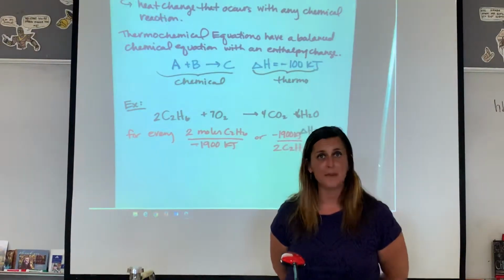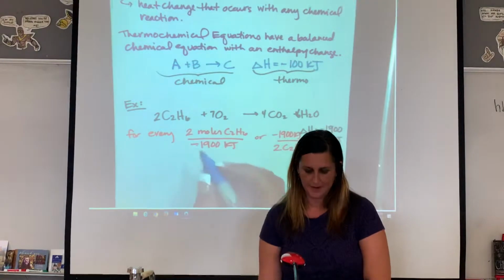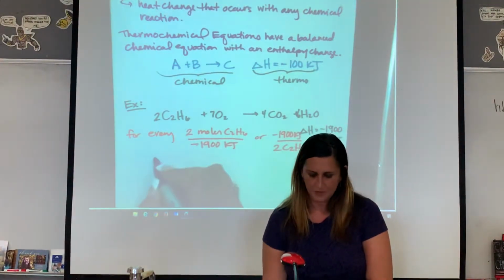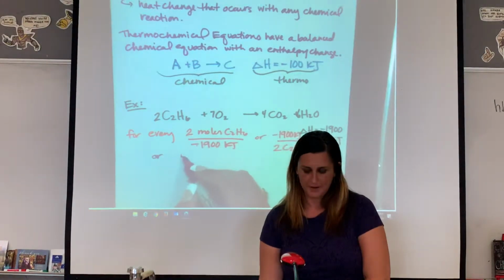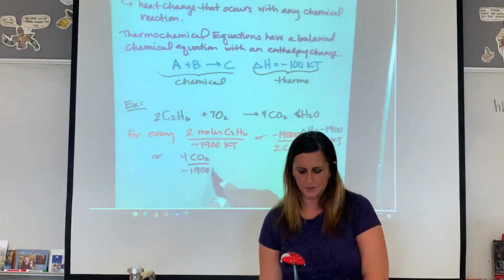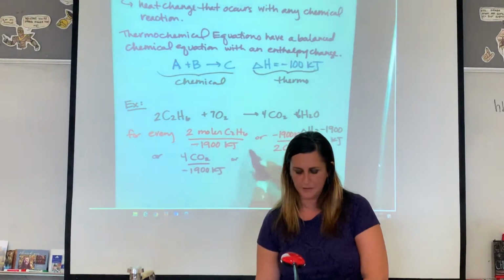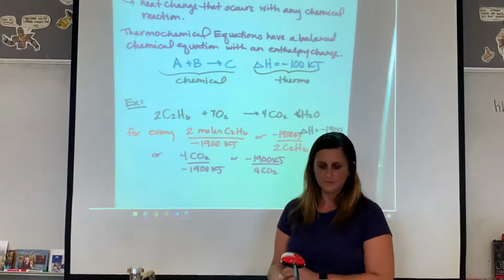Let's look at maybe a couple more examples that you could have written down. So we could use a product. We could say for every 4 moles of CO2, there were 1,900 kilojoules released. Or we could flip that over and say for every 1,900 kilojoules released, there were 4 moles of CO2 produced.